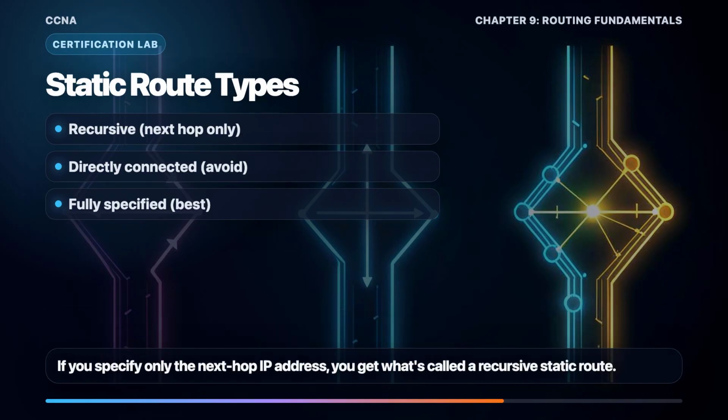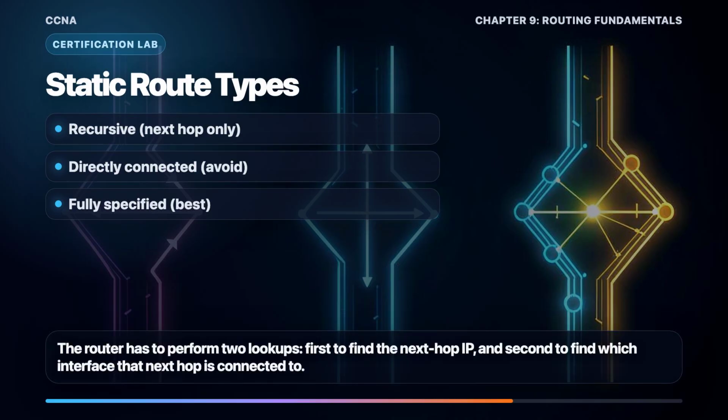If you specify only the next hop IP address, you get what's called a recursive static route. The router has to perform two lookups. First, to find the next hop IP, and second, to find which interface that next hop is connected to.